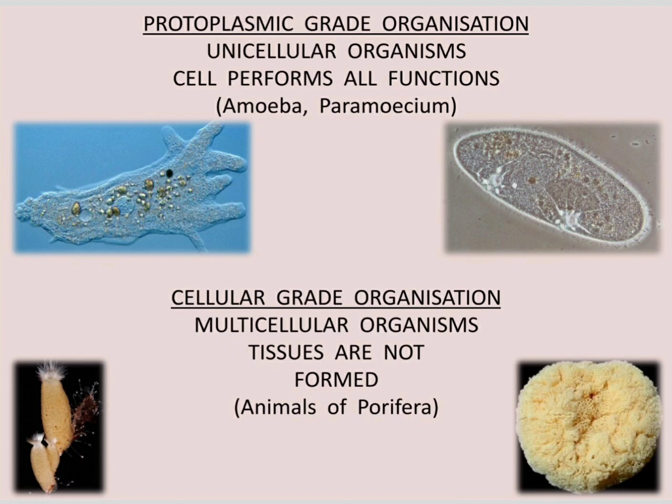So the cells take the responsibility of doing the different types of work which are required for that animal to survive. We see this cellular grade organization in animals which belong to the phylum Porifera. Examples you will learn a little later, but as of right now just remember that cellular grade organization is shown in animals which belong to Porifera.